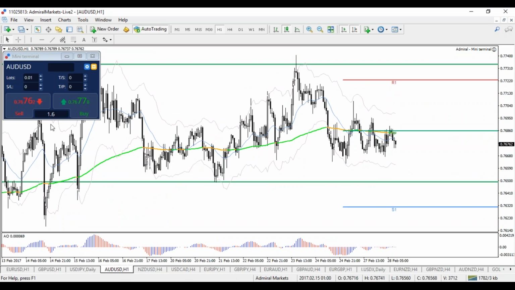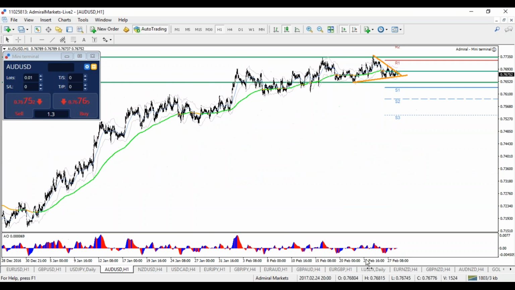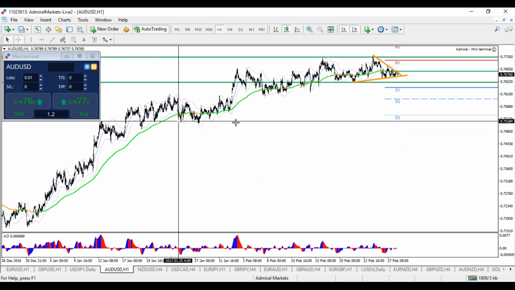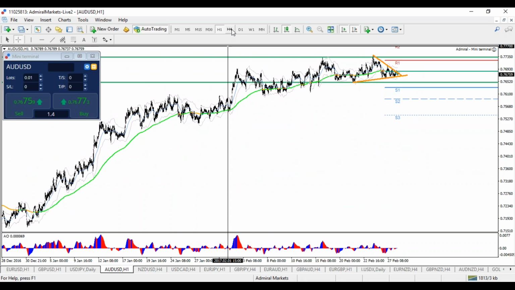Now Aussie, I'm not a particular fan of the Aussie. It is really extremely ranging at this moment. There was some structure a while ago, even though it was ranging. But at this moment, it's becoming really very, very choppy here already, and here for a significant period of time.